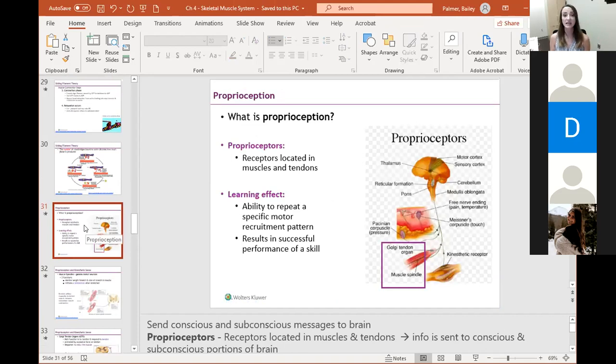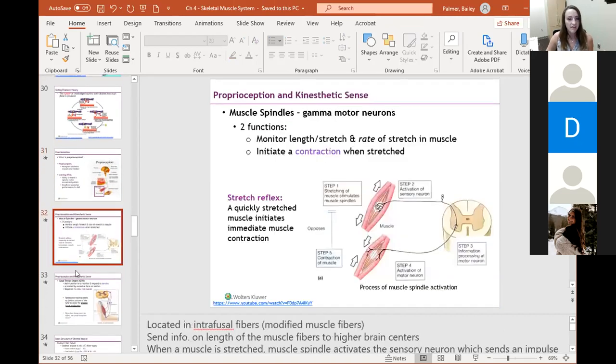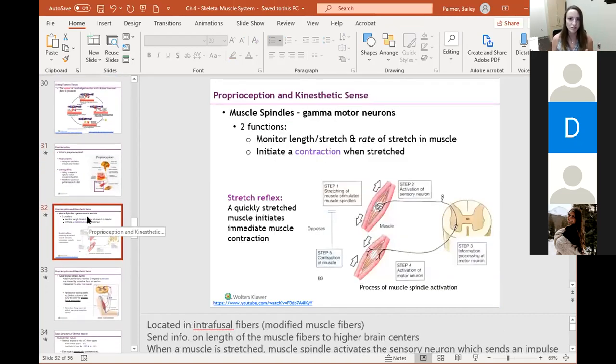Next, we get into proprioception, talking about muscle spindles and GTOs. You also already talked about this on your assignment, so you should be very familiar with number 1, what is proprioception? How does it contribute to us learning a skill? And then function of muscle spindles versus GTOs.